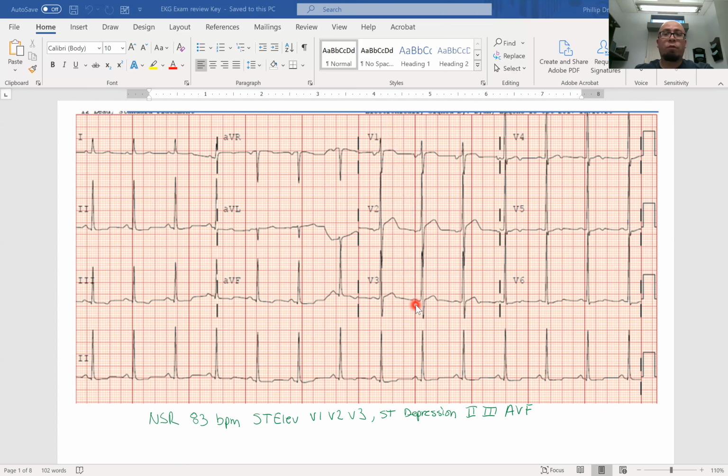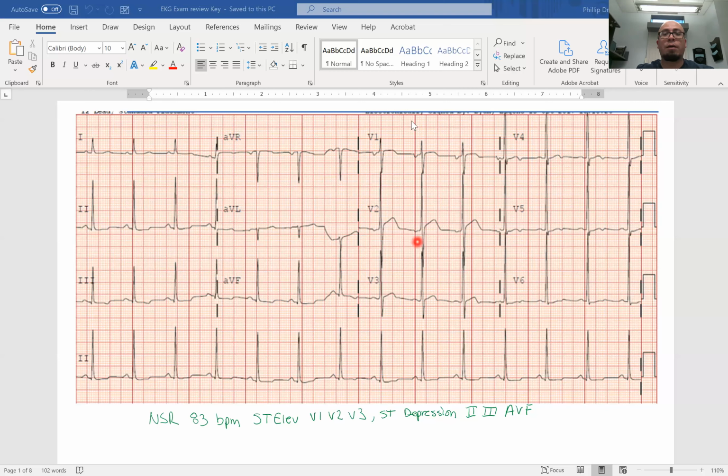So we're going to see some changes in the EKG in your inferior leads. 2, 3, AVF all have ST segment depression, because we are ischemic due to the blockage that we have in the LAD.